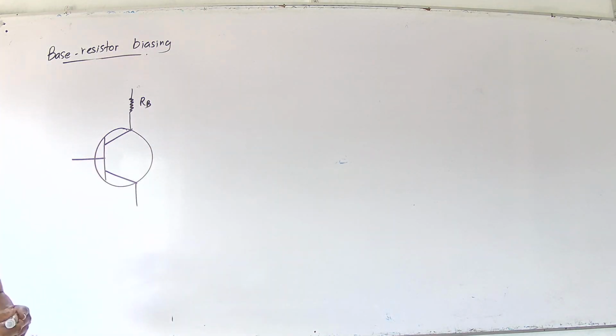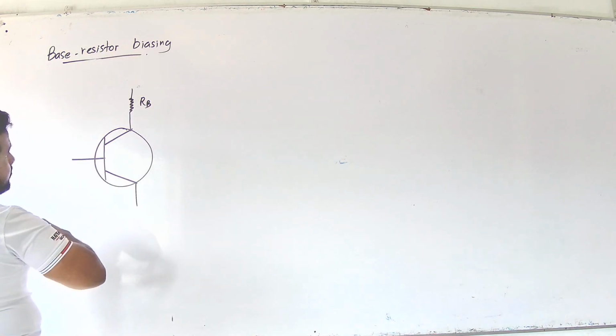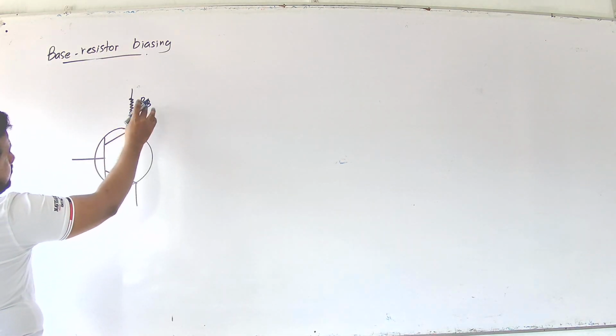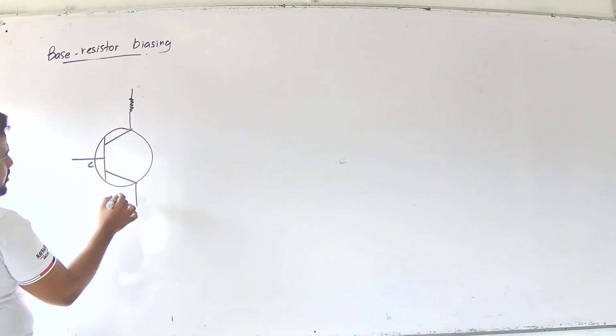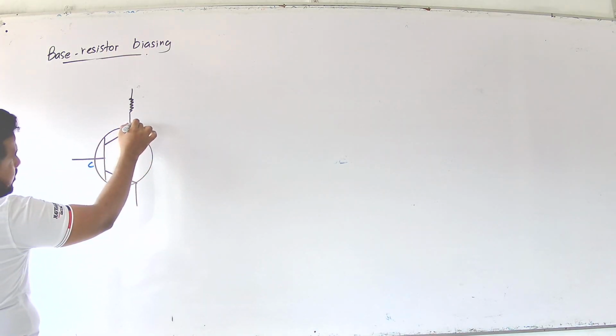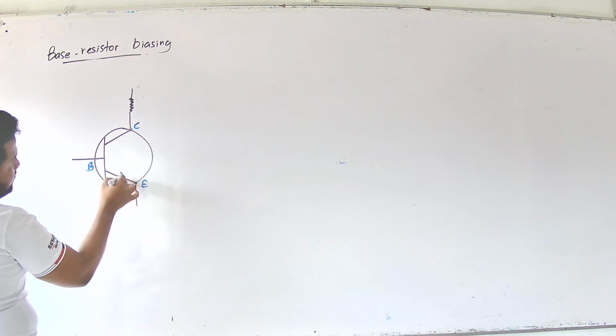Right. Find out that. Draw the diagram: the base, collector, emitter.